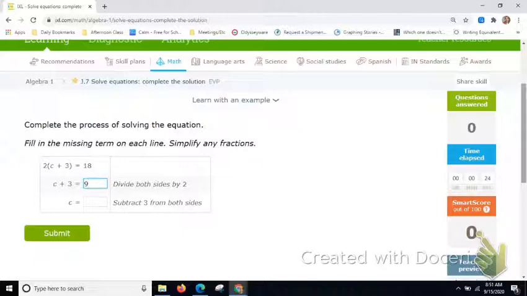That would give us 9. And then subtract 3 from both sides. That would be 6. So they're not showing, but it's the same thing. Like we might write divide by 2, subtract 3, subtract 3. So they're walking you through the steps and you're just taking them. They're telling you on the right what to do.